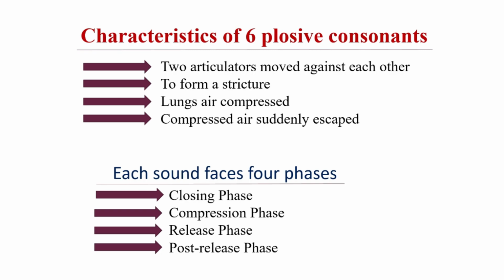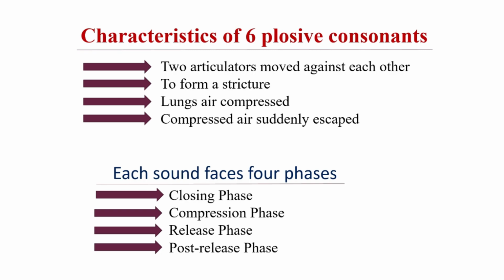An interesting matter is that plosive consonants have four phases. The first one is the closing phase. In the closing phase, two articulators come closer to each other. In the compression phase, there is no gap between these two articulators.